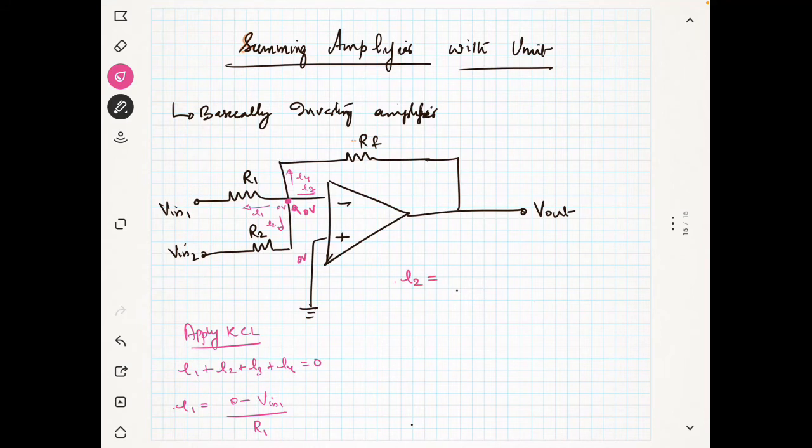I2 is equal to 0 minus V in 2 divided by R2. And what is I3? I3 is going into the op amp, and I told you the current going into the op amp is 0 ampere. And what is I4? I4 is nothing but 0 minus V out, because it is directly connected to the output, divided by RF.